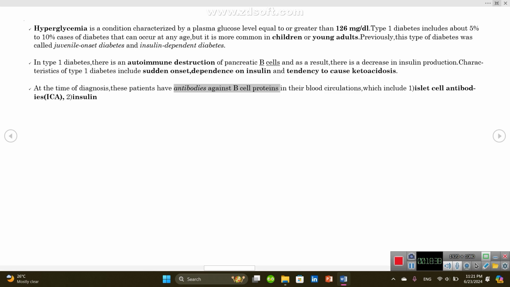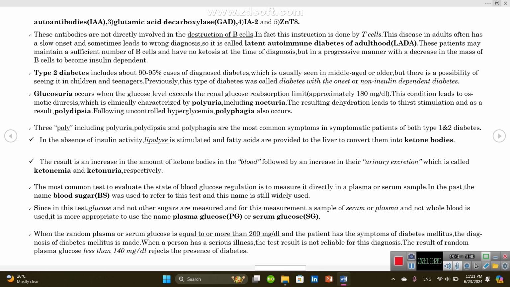We have 5 groups of antibodies. Please memorize their abbreviations. The first group is islet cell antibodies, or ICA. The second one is insulin autoantibodies, IAA.